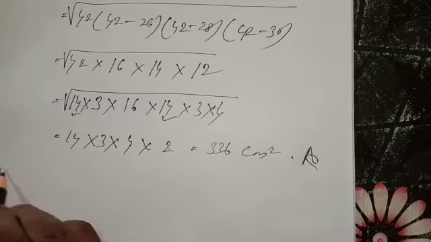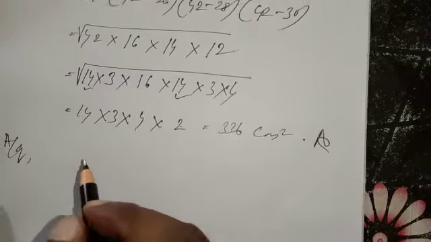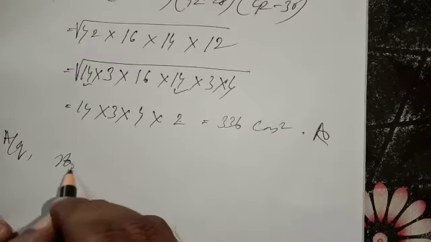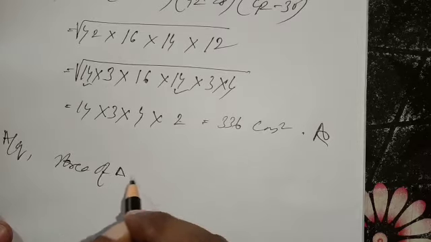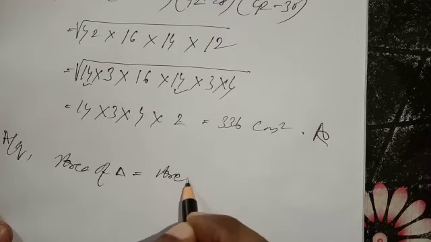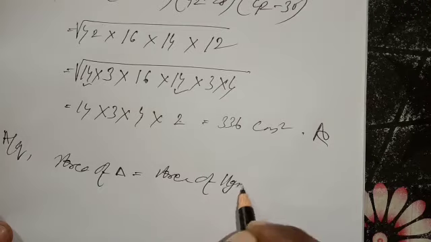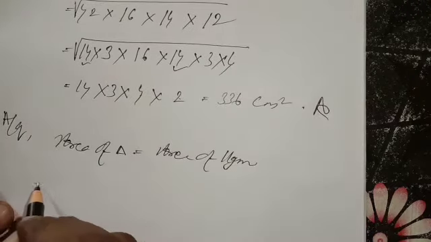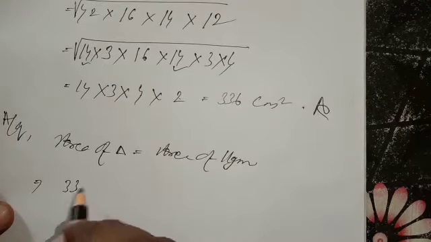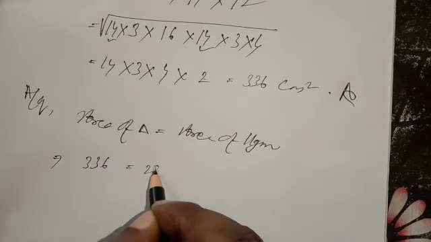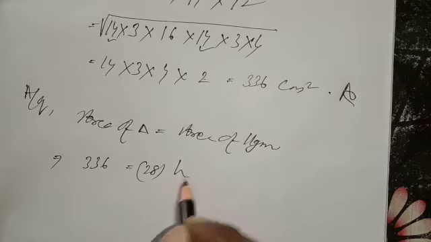Now according to question, area of triangle is equal to area of parallelogram. Therefore, area of triangle you got 336, and area of parallelogram is base into height. Your base is 28, height h.